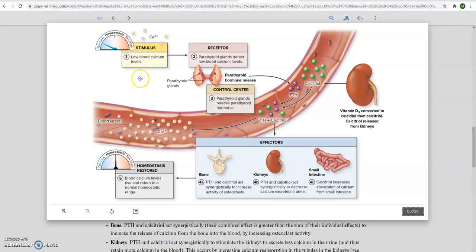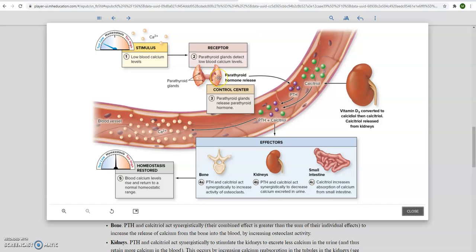And we could show that if the blood calcium levels get too high, then what will happen is it's actually the cells that make up the thyroid gland, so not the parathyroid gland, but there's some cells in the thyroid gland that are able to serve as receptors, and they detect if the calcium gets too high.